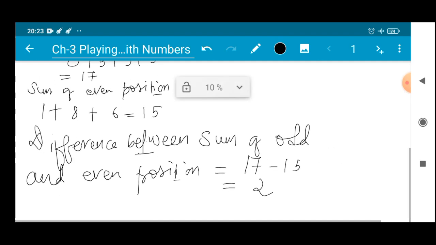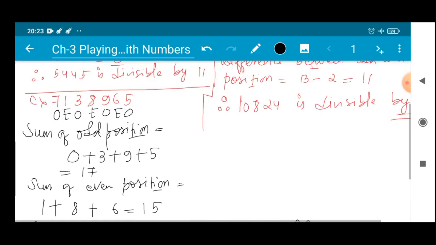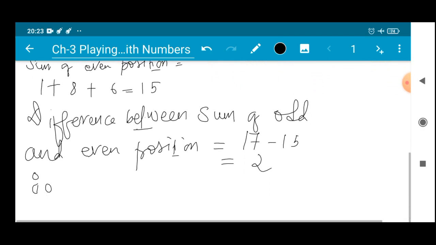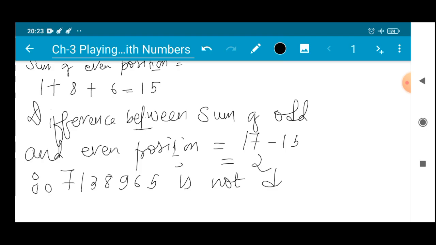So hence we will write that therefore the number 7138965 is not divisible by 11.